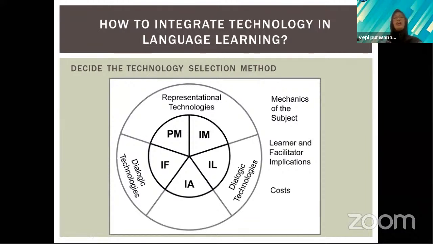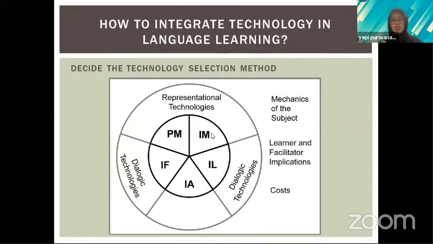Okay, from the diagram, you can see that we have representational technologies, which means that we have what we call provision of material. So we provide the material to the students. And then not only provide the material, but we have to have what we call interaction with materials. After we provide the material, how can the material be learned by the students?